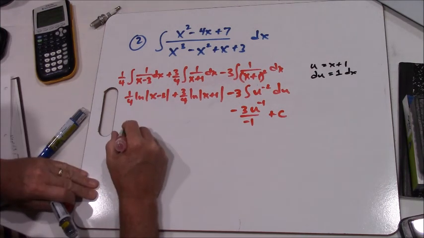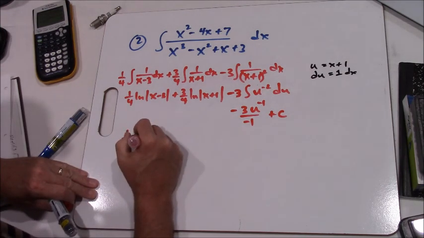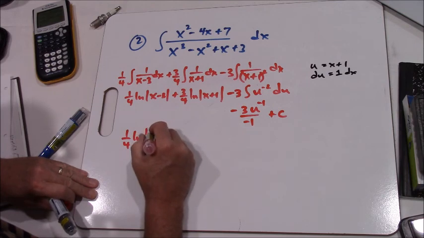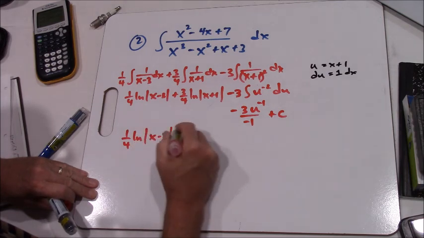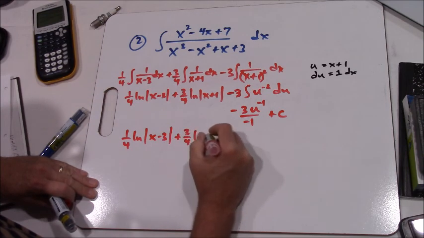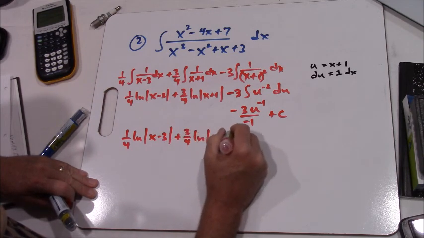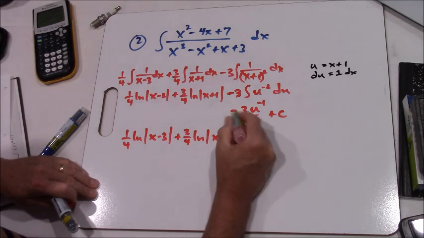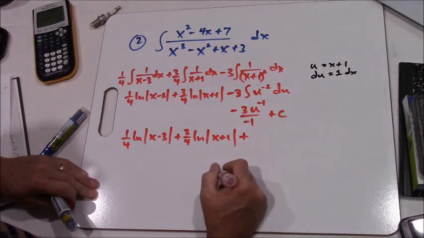And so my final answer here is 1/4 natural log absolute value of x minus 3 plus 3/4 natural log absolute value of x plus 1. Negative divided by negative is a positive.